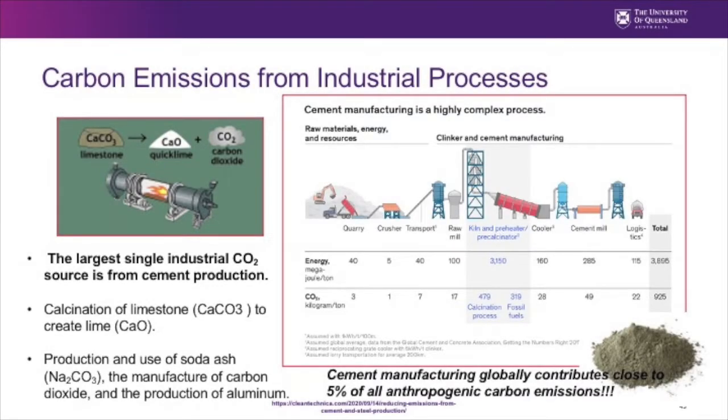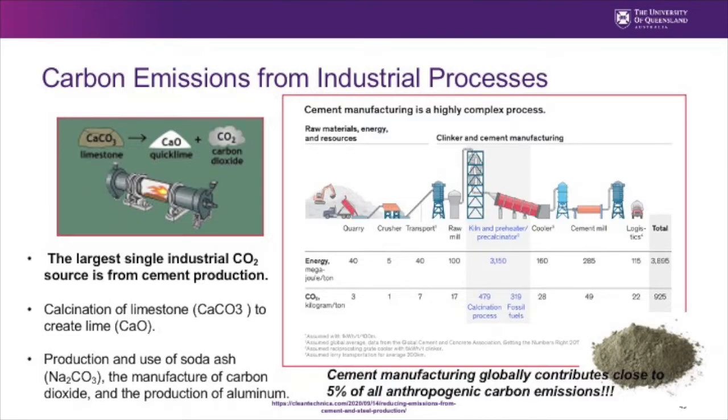So fossil fuel and cement are the main inputs of carbon to the atmosphere. Let's analyze then this industrial process of cement production and other processes that also emit CO2 to the atmosphere. The production of cement from limestone, but also of steel and aluminum, is from the calcination of limestone to create lime.